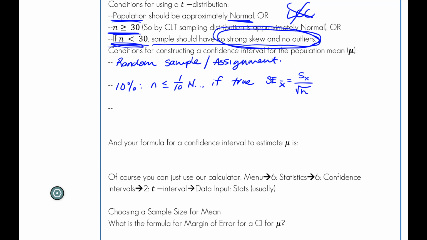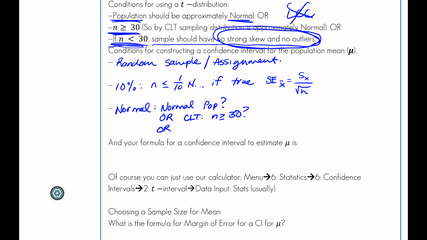Okay, and then the last thing is that normal condition. So we have three different outs here that we can really look at. Do we have a normal population? If so, then we're okay. We can stop right there. Or is the CLT satisfied? If the CLT is satisfied, great, we can stop right there.